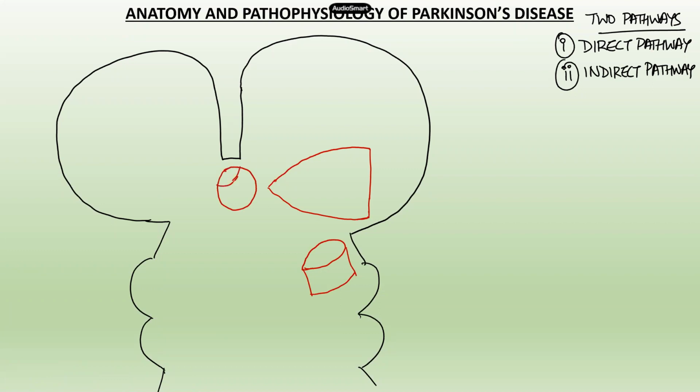Thalamus has got three nuclei: ventro-anterior, ventrolateral, and ventro-posterior. Hence the three divisions. And just beneath this, we have got your subthalamus.